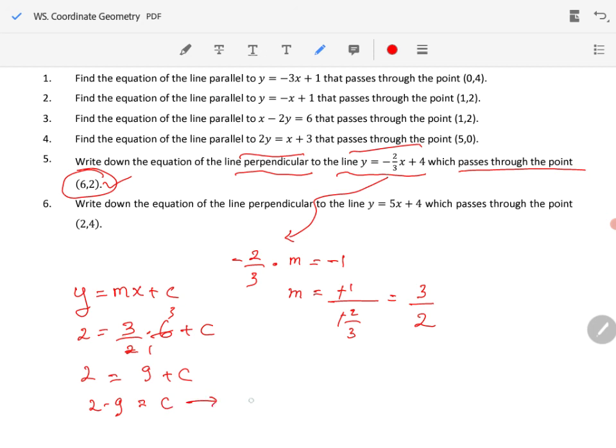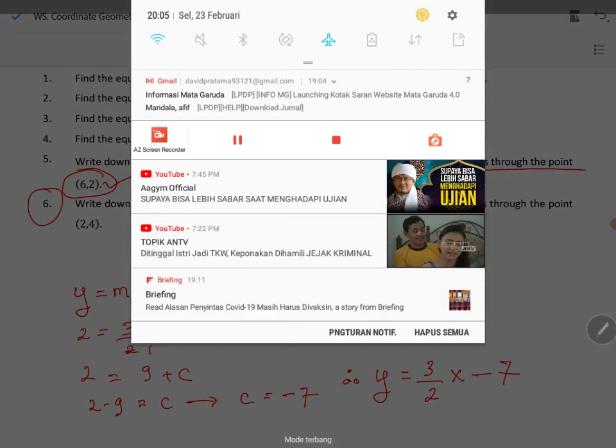So 2 minus 9 is -7. So what is the equation, mister? The equation is y equals 3/2 x minus 7. This is number 5. I believe you can finish number 6. That's so easy, right? Okay, that's all.